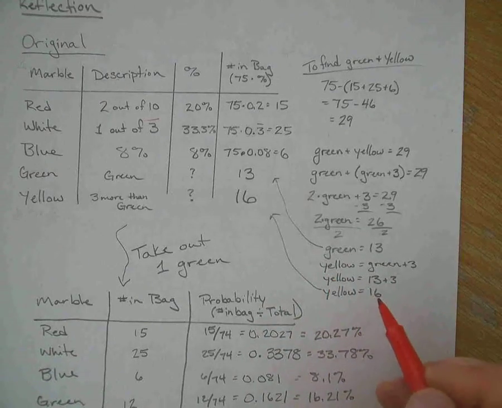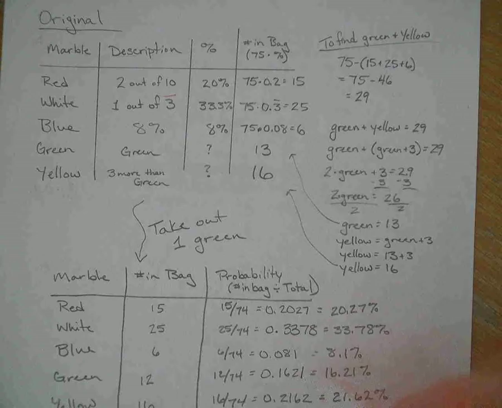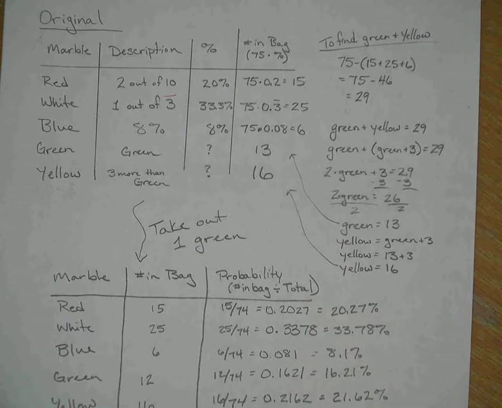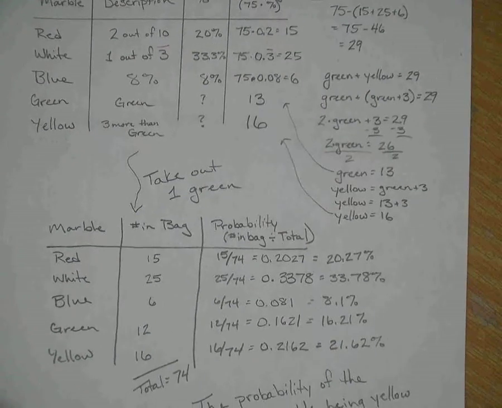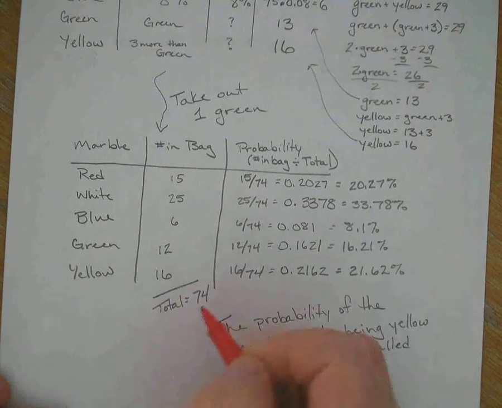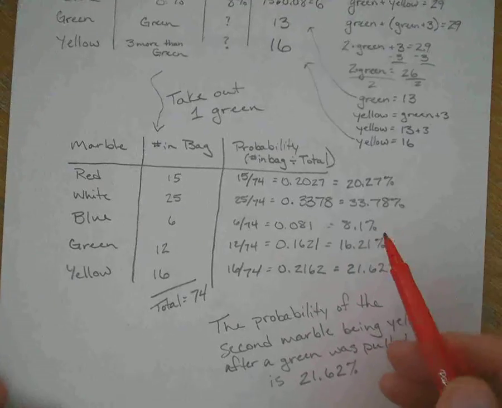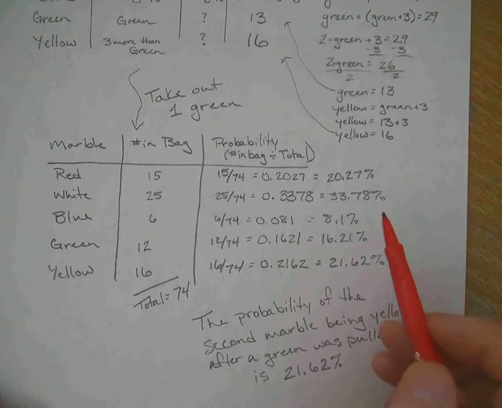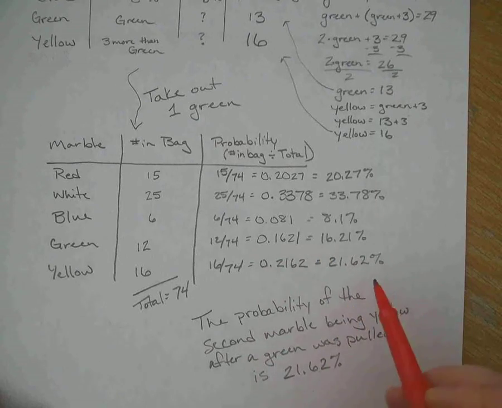And so you can see my equations there that weren't very much fun because I had to write out green and yellow. That's not a whole lot of fun. And then here I'm taking out one of those greens, saying what's in the bag now, showing the total, and I actually found, for some reason, probably a math nerd spark in me, the probability of pulling any other color of marble.